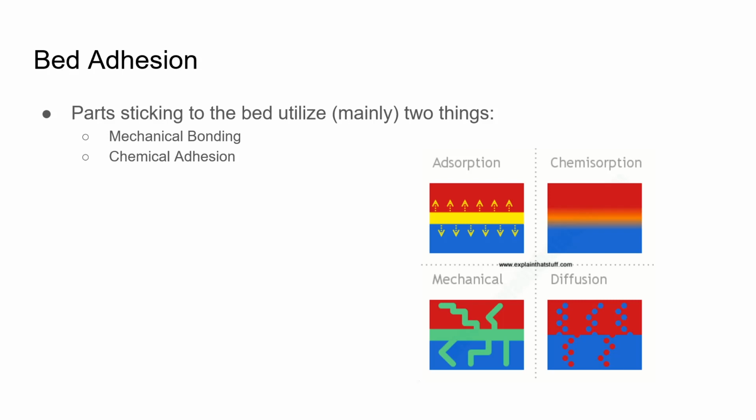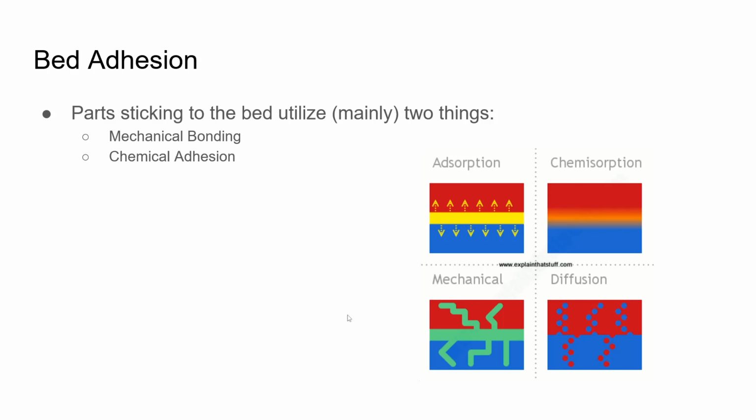Yeah, so another thing to consider is bed adhesion, which is somewhat a similar thing, right? There's mechanical bonding and chemical adhesion that happens. So when you're 3D printing on your bed, depending on what material, there's different things that they recommend that you do, but usually the biggest thing is adsorption and mechanical connections that cause that to happen, right?